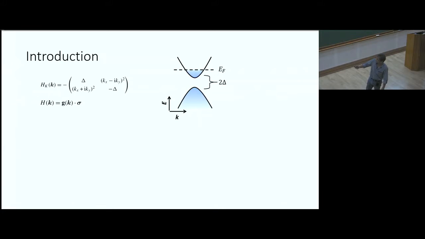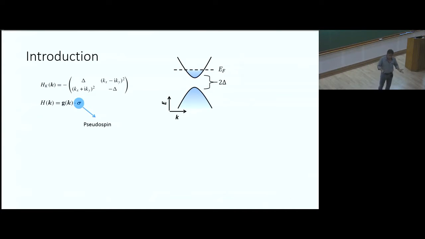So if you look at the standard, by now accepted Hamiltonian for bilayer graphene, you see that it's very similar to single layer graphene. Of course, the charge carriers are still chiral, like single layer graphene.